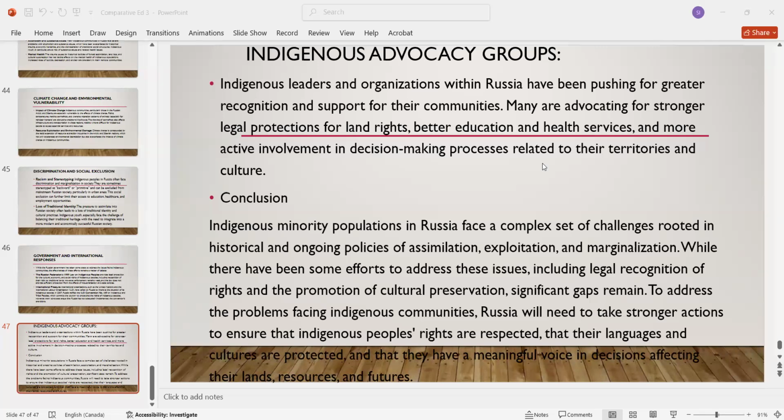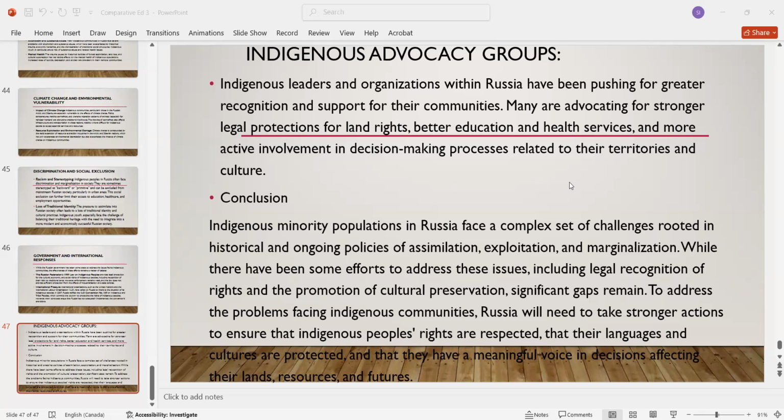And the government is also promoting English as a working language, right? So Russia's situation is something different, right? They don't look after the indigenous people and they are suffering, and climate change, environmental issues, everything is there.